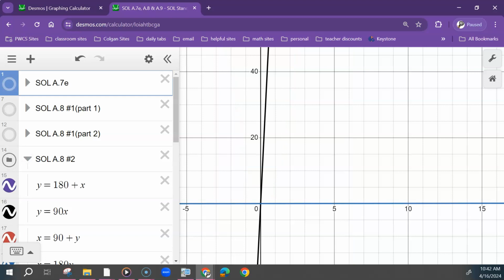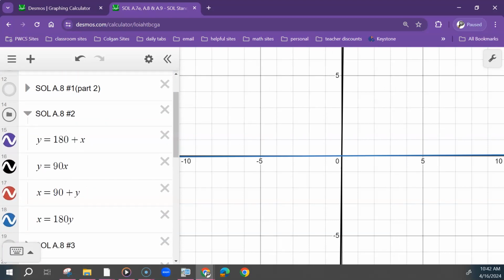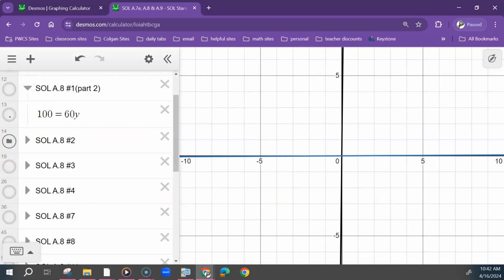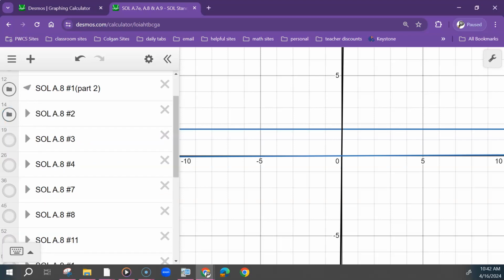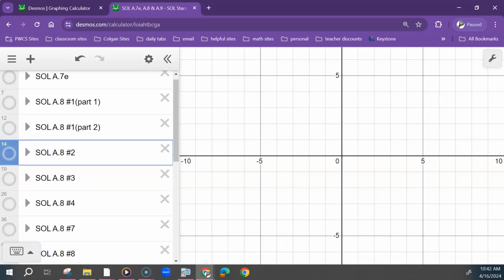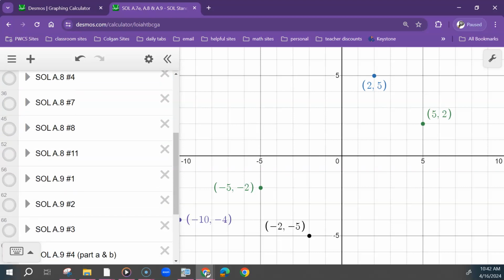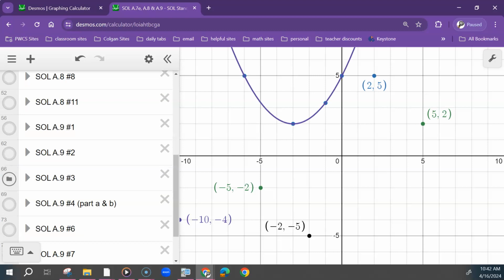For your inverse and direct ones, put those in and see if it makes a line or if it makes a hyperbola. And then for your 9, you could put some of those in and see which one would give you that quadratic curve of best fit.